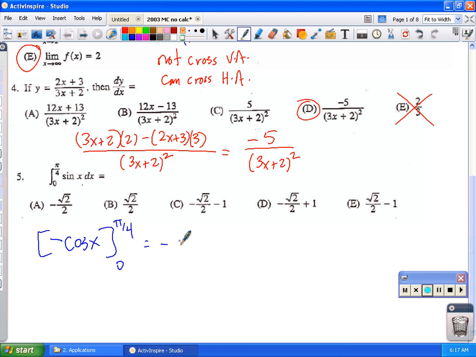So that would be negative cosine of pi over 4 minus negative cosine of 0. The cosine of pi over 4 is root 2 over 2, and that becomes a plus. The cosine of 0 is 1, so we get 1 minus root 2 over 2, or negative root 2 over 2 plus 1, which is letter D.